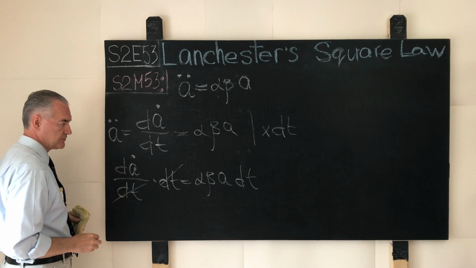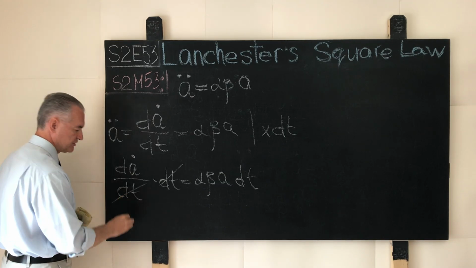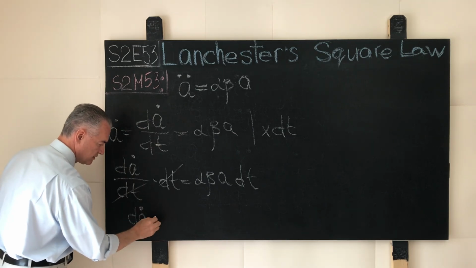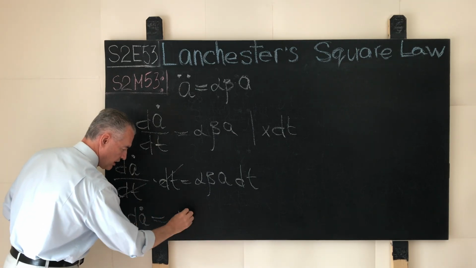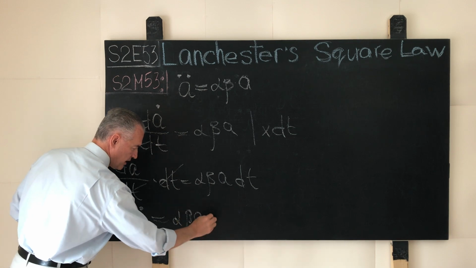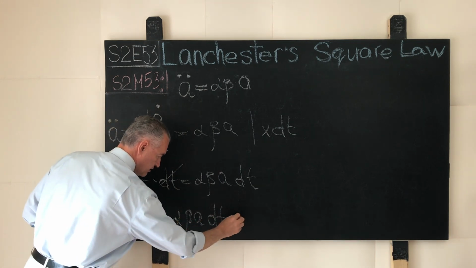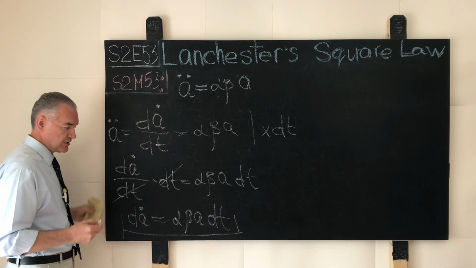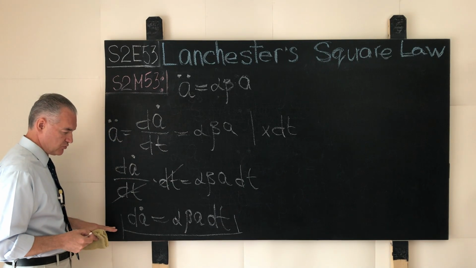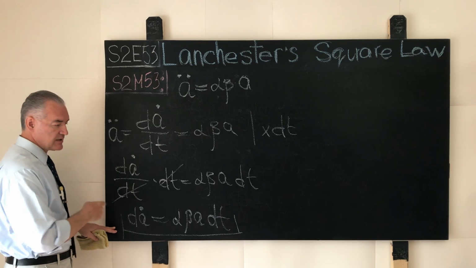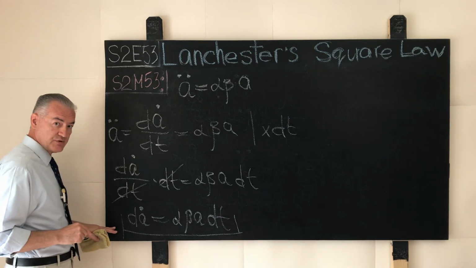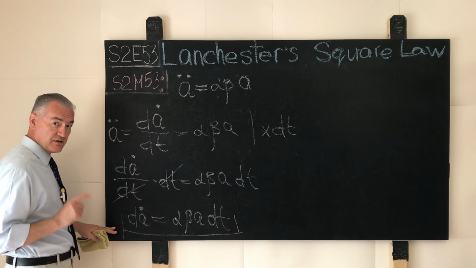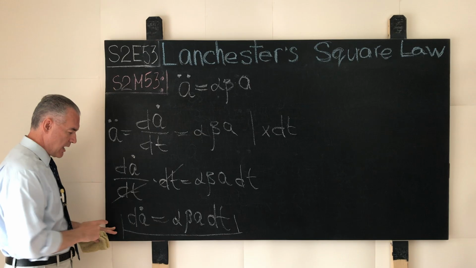And what do we have? We have, as the result, dA dot is equal to alpha beta A dt. You see, this is the result that you have. This is a straightforward manipulation, nothing really quite complicated. You don't have to be an Einstein to figure this out. Now what do we do? Think about it. Put this video on pause, come back when you have generated your idea. The winning maneuver here is the following.